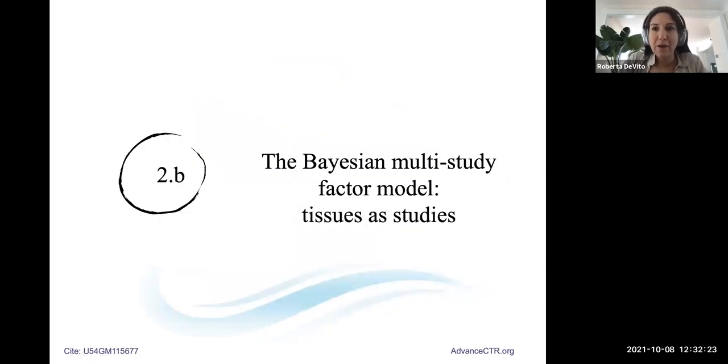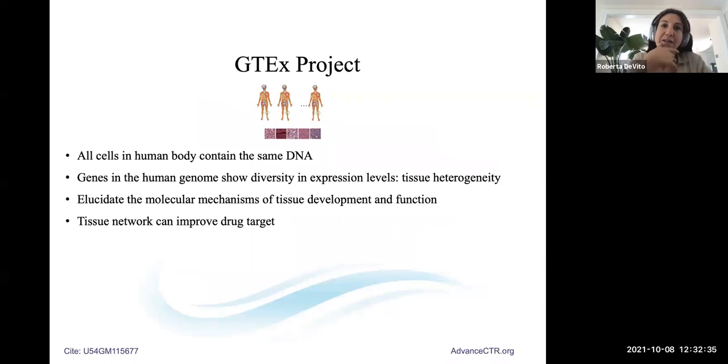So I have a second application for the multi-study factor model. Here, as I told you at the beginning, we are considering tissue as a study, and this is coming from the GTEx project.